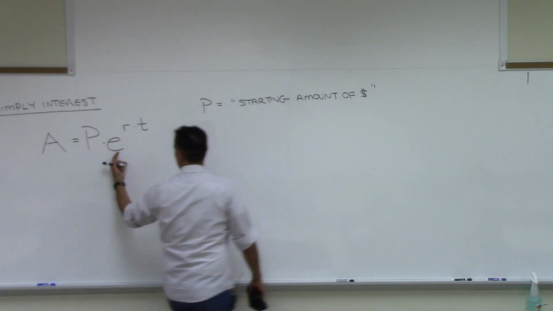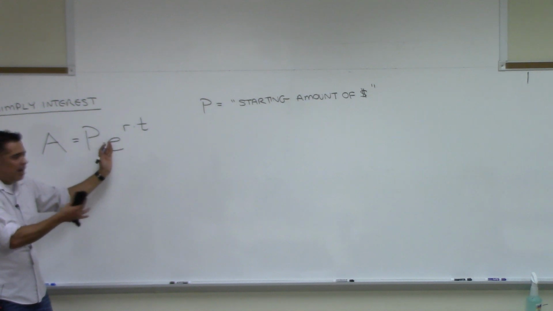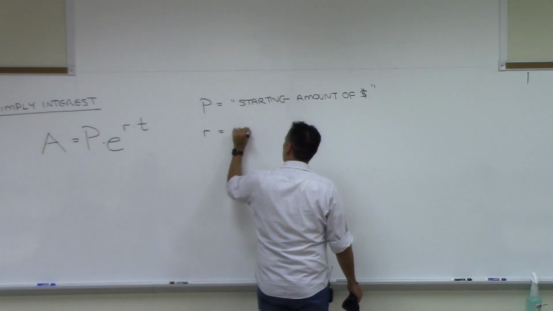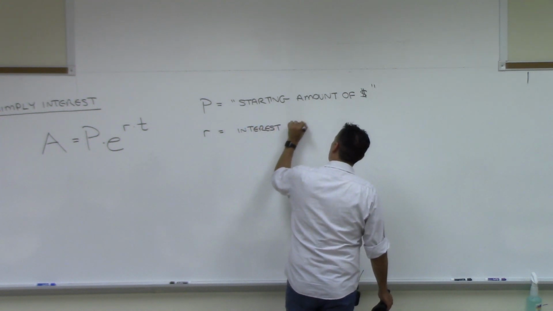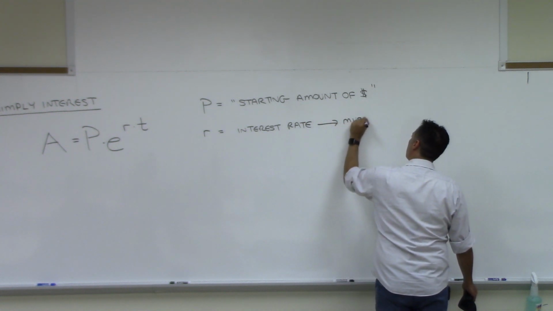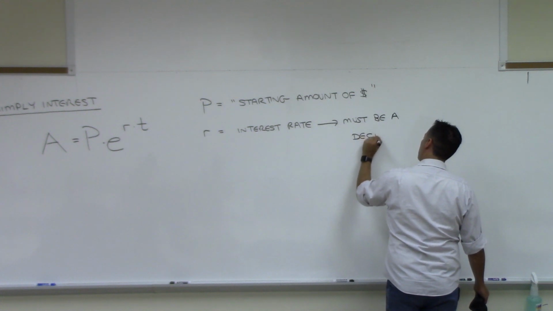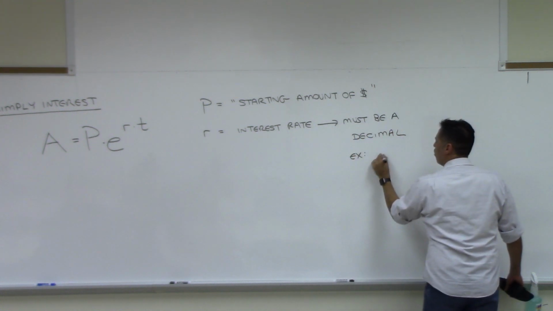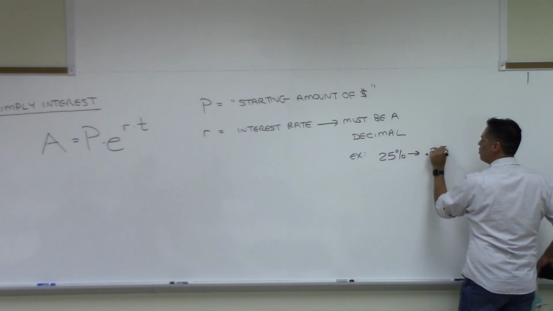Okay, E is just the number 2.718. So that's never going to change in the formula. That's just the constant. R is what we call the interest rate, and it must be a decimal. For example, a 25% interest rate would convert over to 0.25.